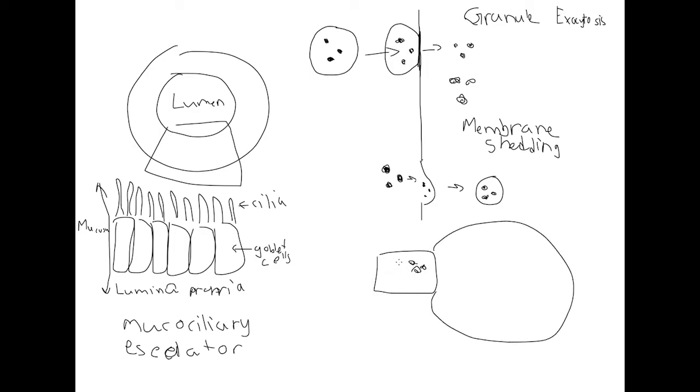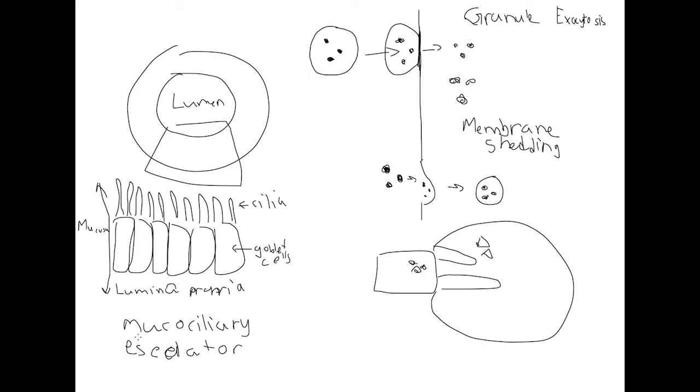And you see this goblet cell is part of the wall, and then these cilia are going to be coated in mucus. And little foreign particles, let's draw them as triangles, will be caught on this mucus. And then these cilia will actually move these particles up your trachea and out of your lungs. And that's how it protects your lungs.